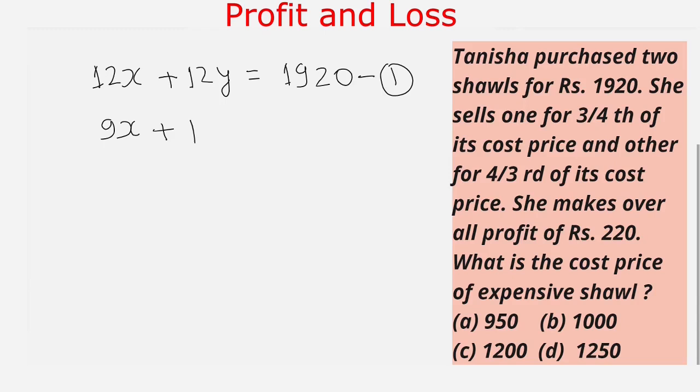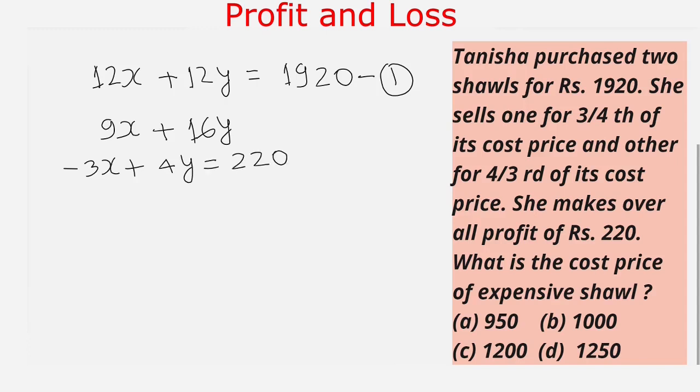So it is 16y. Now the overall profit is selling price minus cost price. Selling price is 9x plus 16y and cost price is 12x plus 12y. And on subtracting cost price from selling price, we get minus 3x plus 4y, and this is given to us as rupees 220.